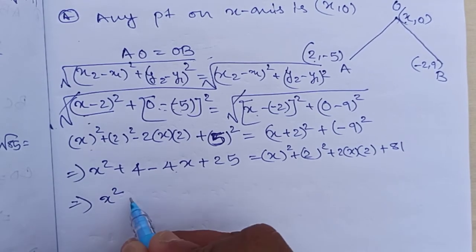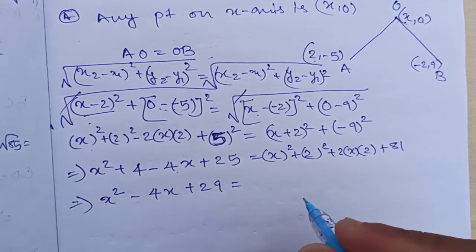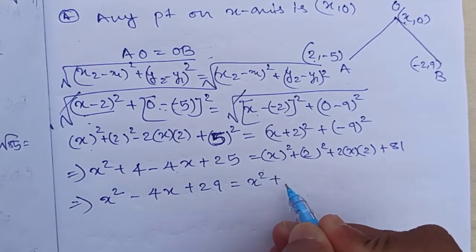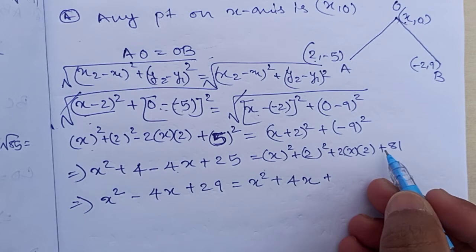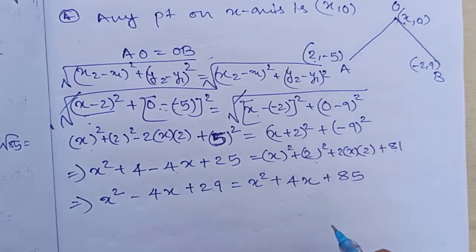So x square minus 4x plus 29 we will get. Here x square plus 4x plus 81 plus 4 is 85.